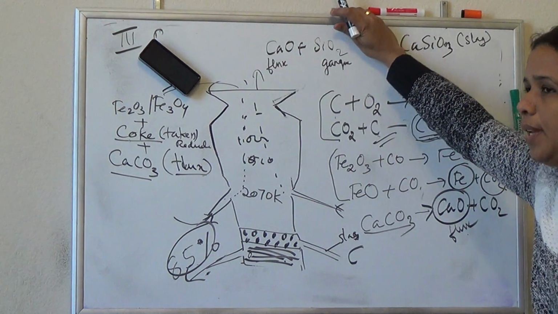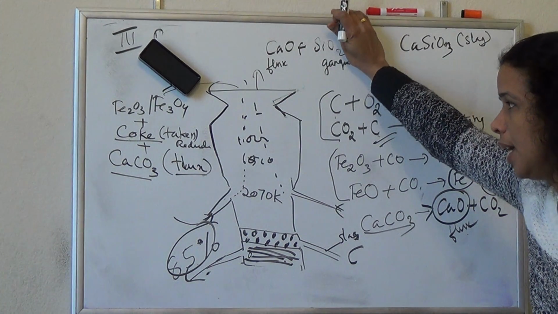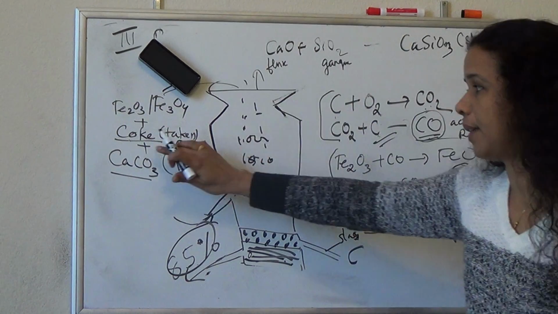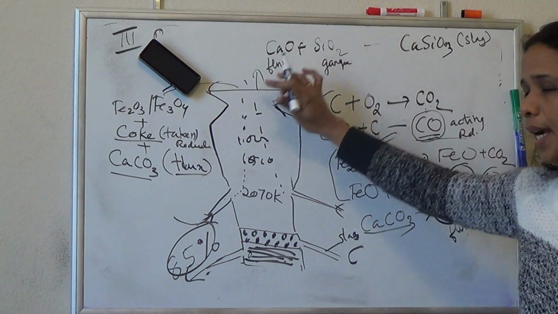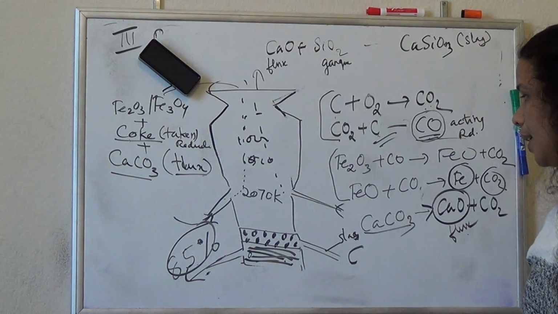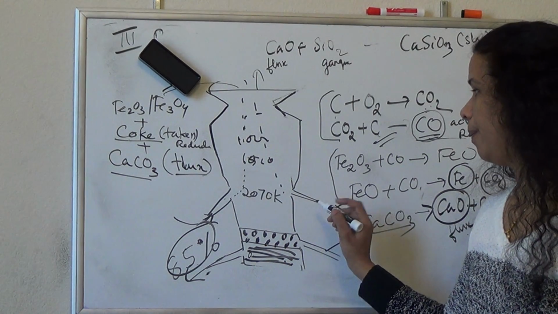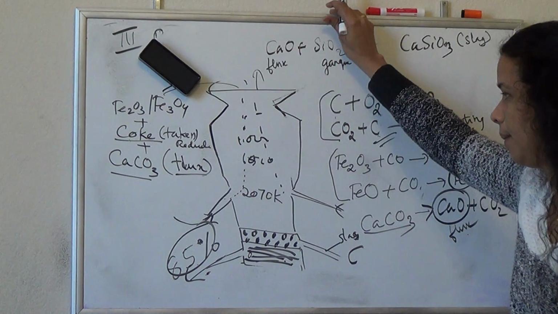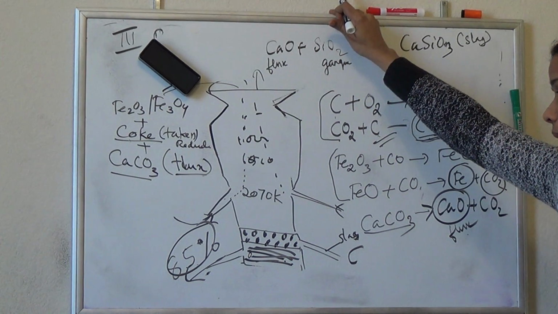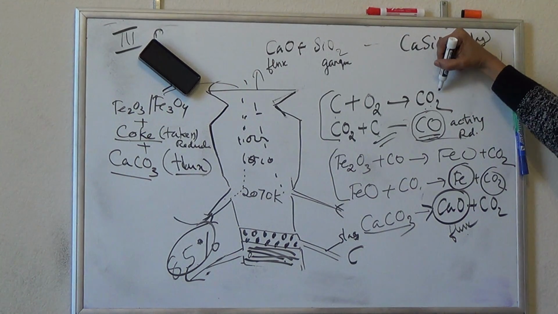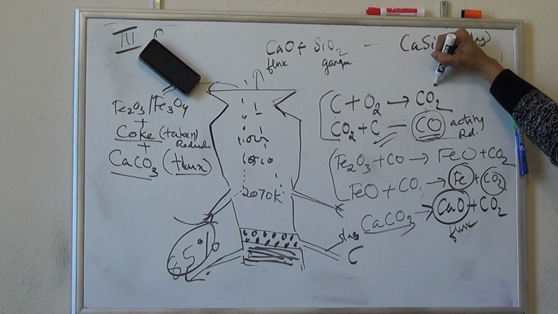Once again I will explain the blast furnace reduction. The powdered ore mixed with coke and calcium carbonate is added through the top of the blast furnace. Hot air at a very high temperature is blown through the bottom. At high temperature the carbon combines with oxygen to form carbon dioxide.